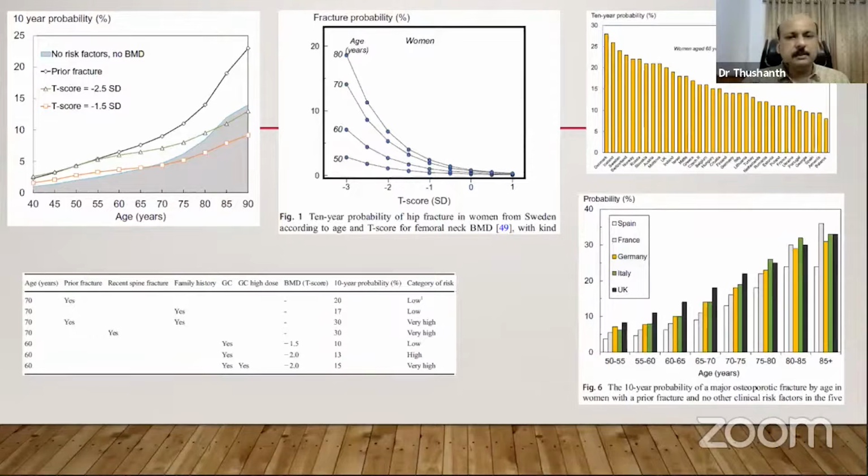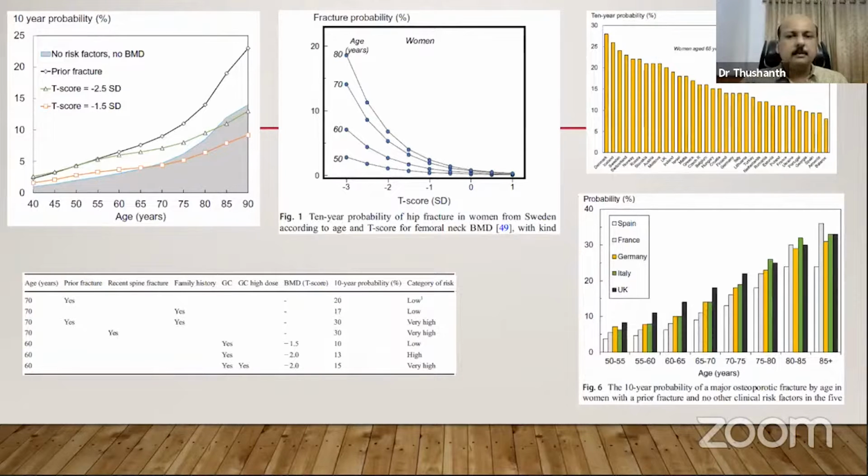But once the age reaches say around 75, 80, the difference is not that much. But for a patient with prior fracture, the risk of fracture still increases steadily, even after 75, 80 years of age. So on top of the T-score, age is an important factor, as well as the history of prior fracture.